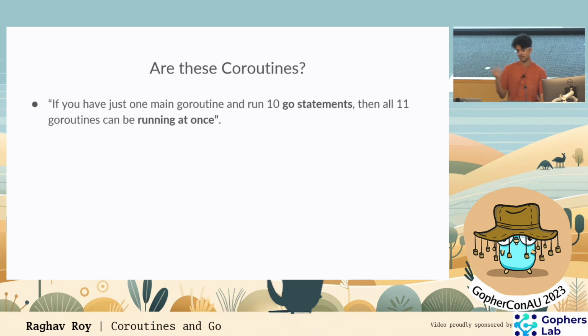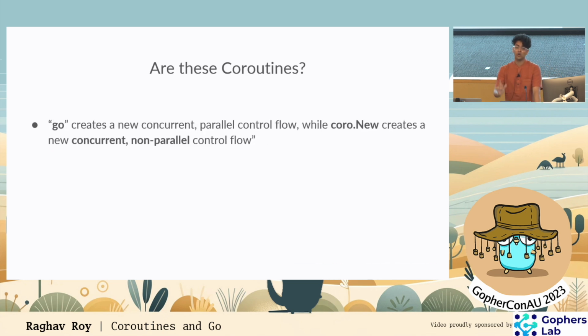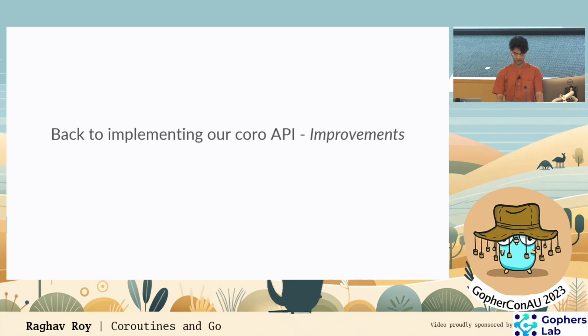This is an example that he uses: if you have a main Go routine running which starts 10 Go statements, now you have 11 Go routines running, and they can be running all at once. But with CoroNew, even if you start 10 CoroNew calls, the parallelism of the program is still what it was before, just one. So your Go creates new concurrent parallel flows, while your CoroNew creates new concurrent non-parallel flows.